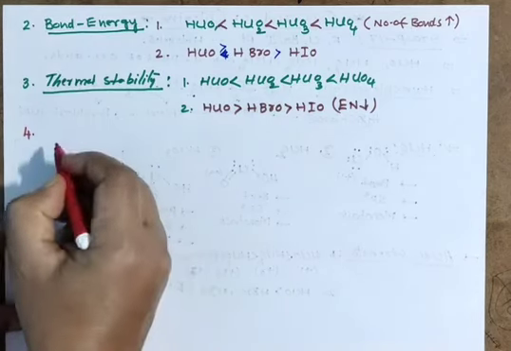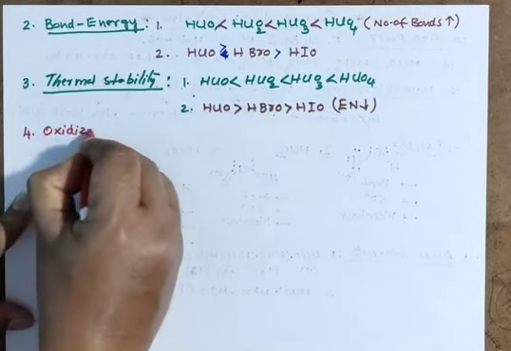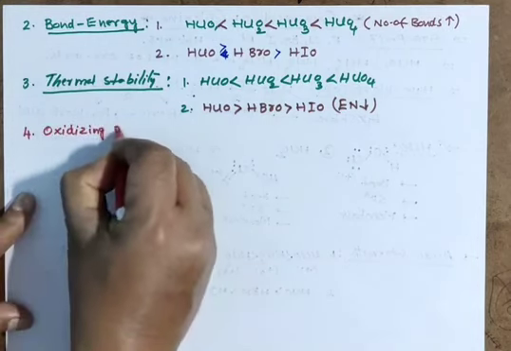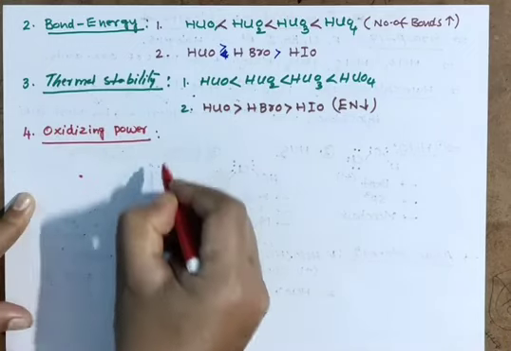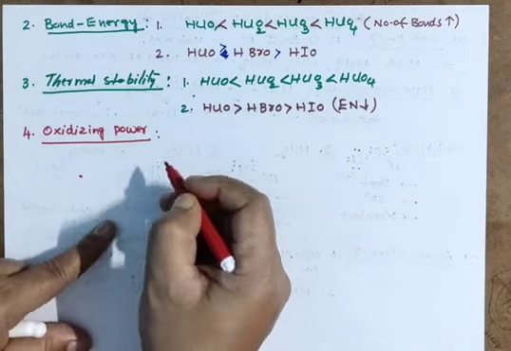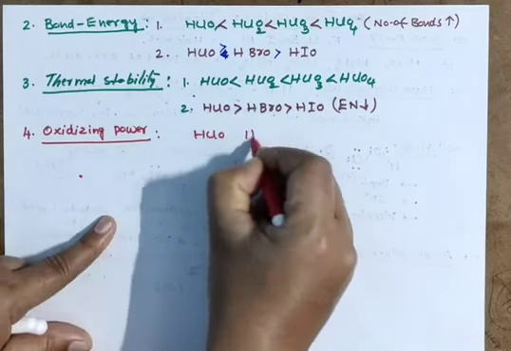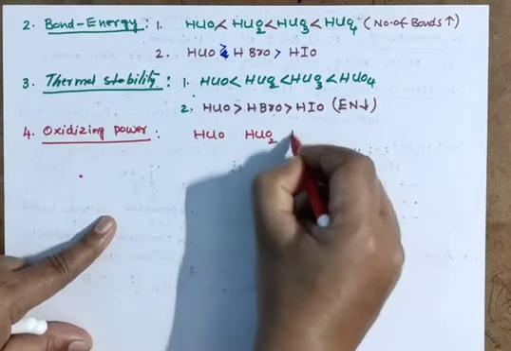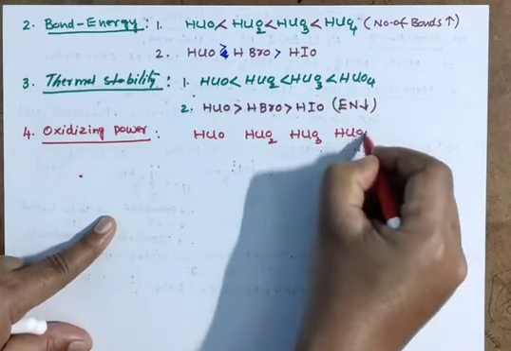Go for another important property, oxidizing power. This is very important, asked a number of times in exams. HClO, HClO2, HClO3, HClO4.